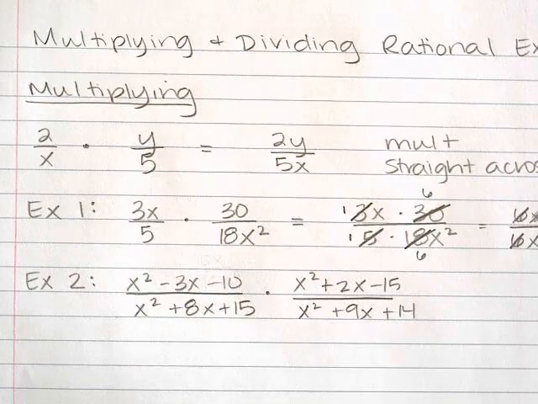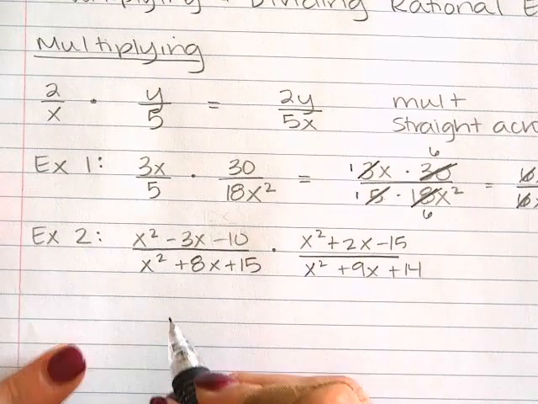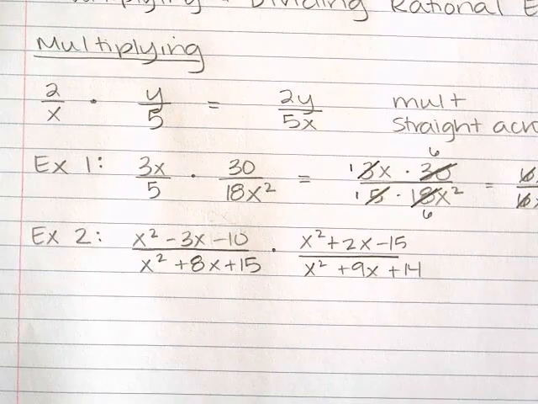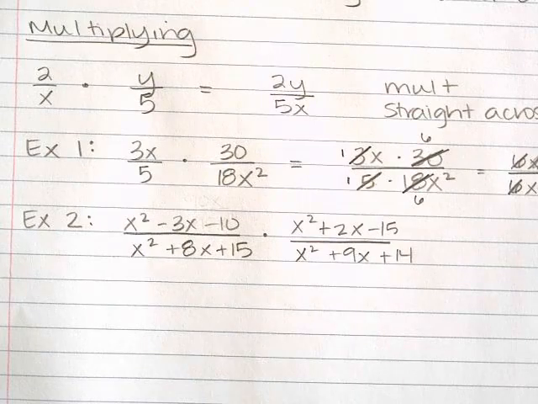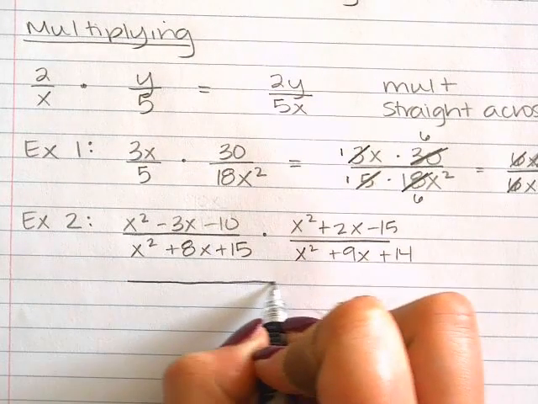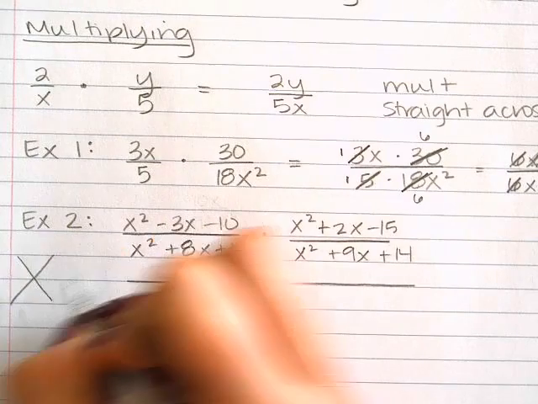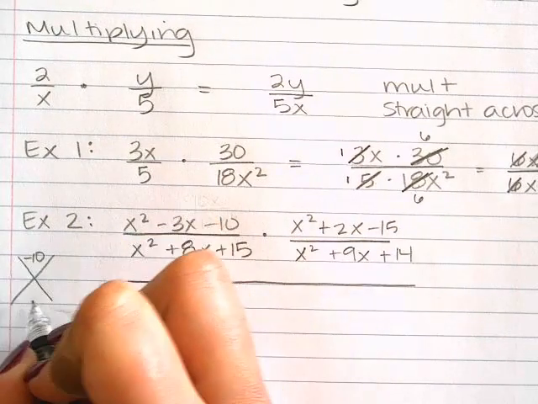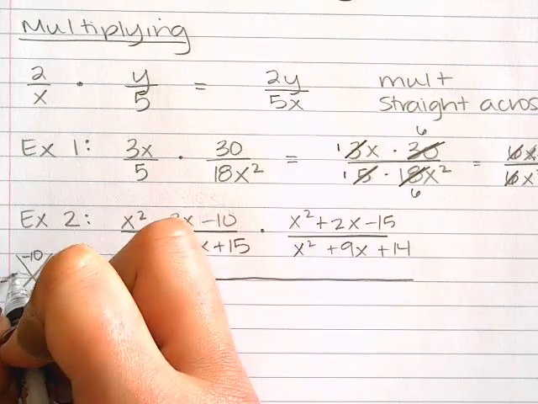Since we're going to multiply straight across, we can write this as one big fraction. So I'm going to walk myself through those steps that we learned about when we were simplifying rational expressions. On the top, I've got two numbers that multiply to negative 10 but add to negative 3, and that would be negative 5 and 2.